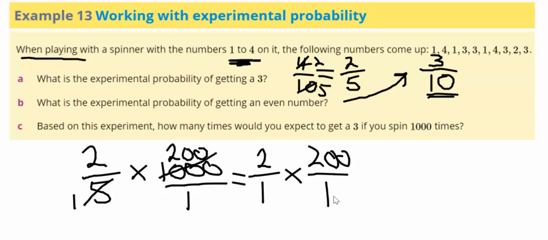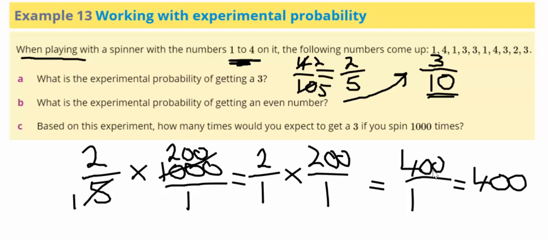Multiply top and bottom. I can't simplify any further, so I'll multiply my top numbers: 2 times 200 is 400. 1 times 1 is 1. So that's just 400. If we spun the spinner 1,000 times, how many times would we expect a 3 to occur? We would expect it to occur about 400 times.